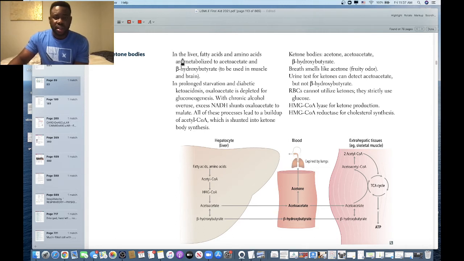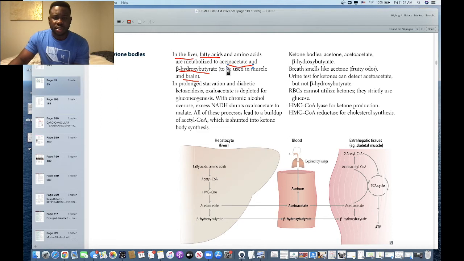It occurs in the liver. In the liver, fatty acids and amino acids are metabolized into acetoacetate and beta hydroxybutyrate, to be used by the muscles and brain. This is what we want to know.